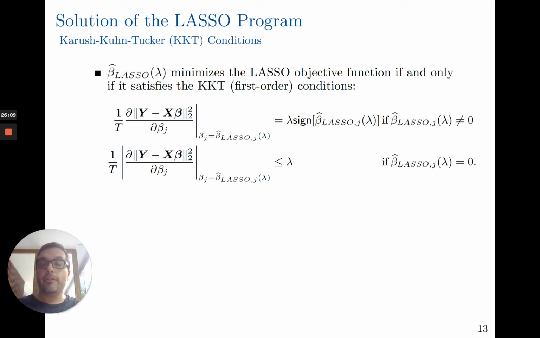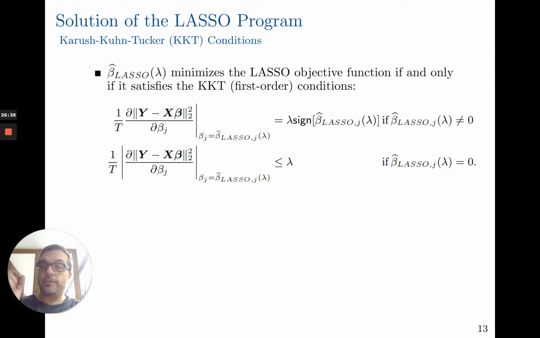So what are the first order conditions? We're going to take the derivatives of the cost function. One component is the derivative of the sum of the squared errors, and another component will be the subgradient of the absolute value function.